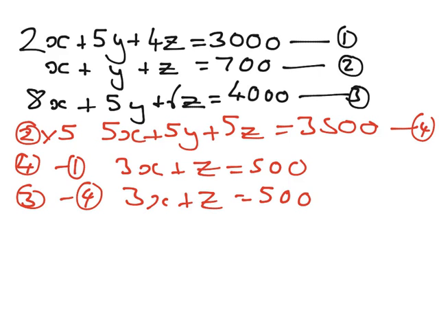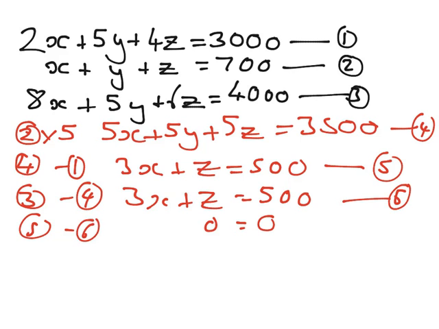So I've got the same equation in each case. If these were equation 5 and 6, and I do 5 minus 6, I get 0 equals 0, which is consistent, and that informs us that we have a line that satisfies the equations.